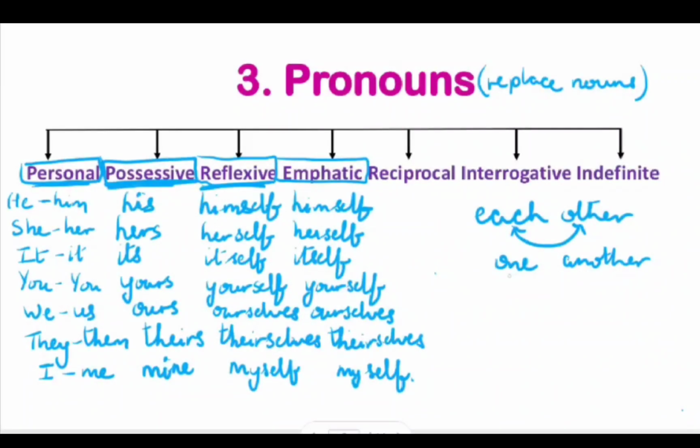Both of them are reciprocating. No one is less. One fights, the other is also no less, the other one is also fighting. So they come in pairs. So these are reciprocal pronouns. I'll just write it under them.